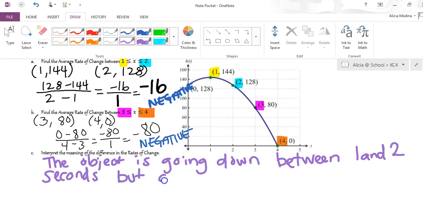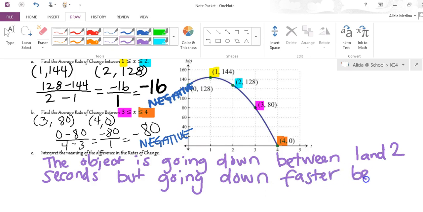But going down faster between 3 and 4 seconds.